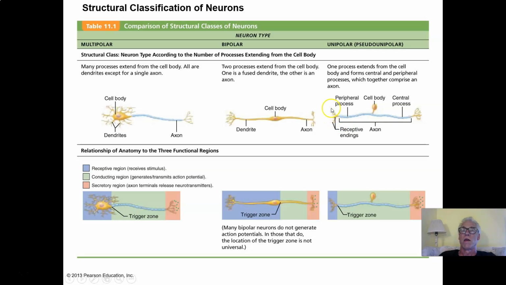So its dendrites are in some region of the body, either from the outside or from internal organs, that is going to receive some information, transduce a stimulus into impulses, and then send those impulses or action potentials down the length of this axon to its terminals, and the terminals of the sensory neuron will be in the central nervous system.